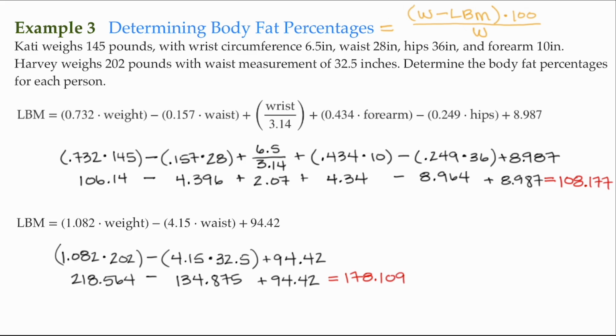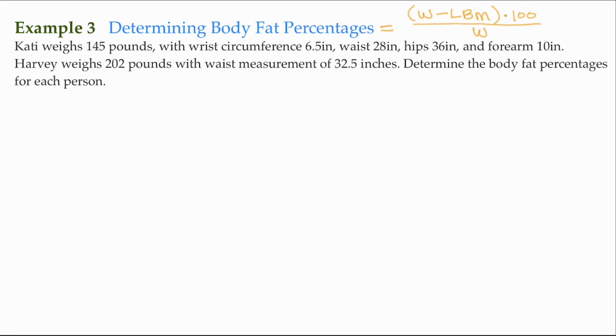So now that we have their lean body masses, we can use that to help determine their body fat percentages. So Katie's lean body mass, we calculated as 108.177. And Harvey's lean body mass, we calculated as 178.109.